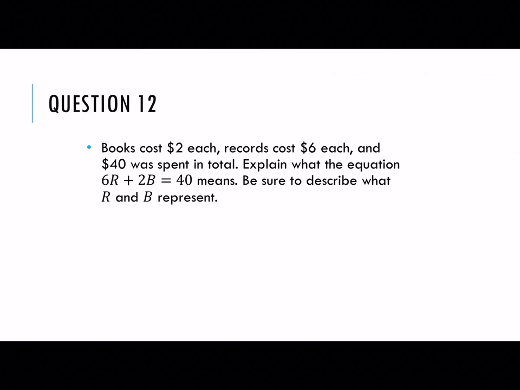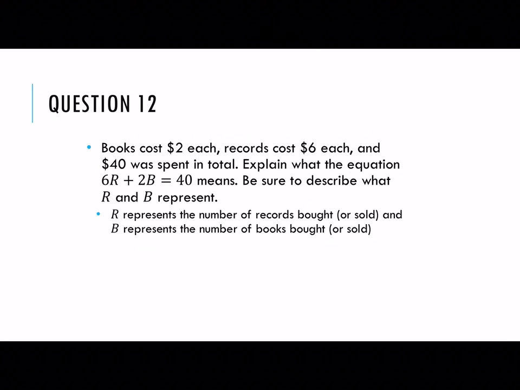Okay. Now that you're back, we have 6r plus 2b. That looks like the equation for the total amount that was spent, all in dollars. So $6 times each record, $2 times each book, times the number of books and the number of records. Remember that variables represent the number of something.